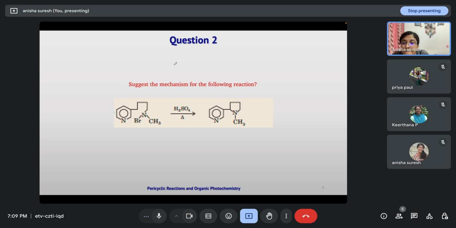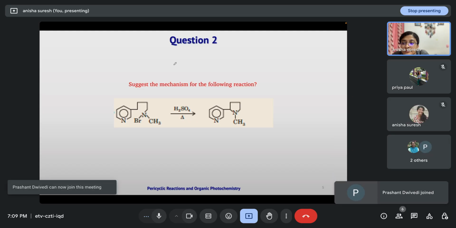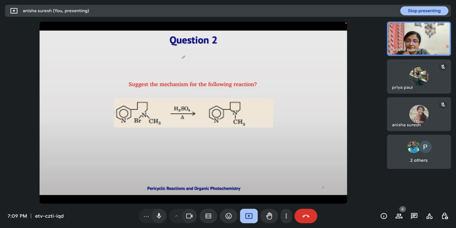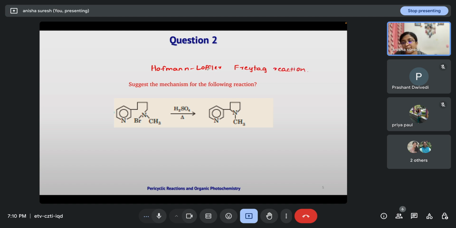Anyone? So this is the Hofmann-Löffler-Freytag reaction.